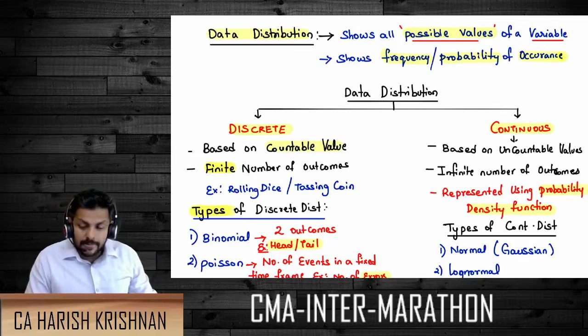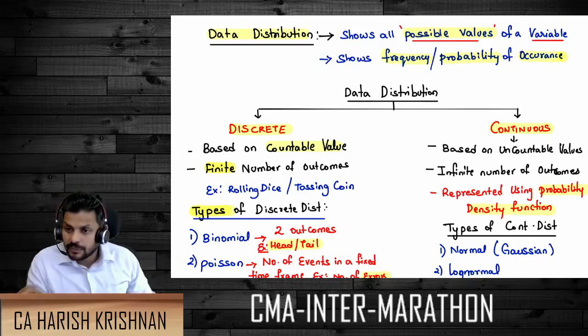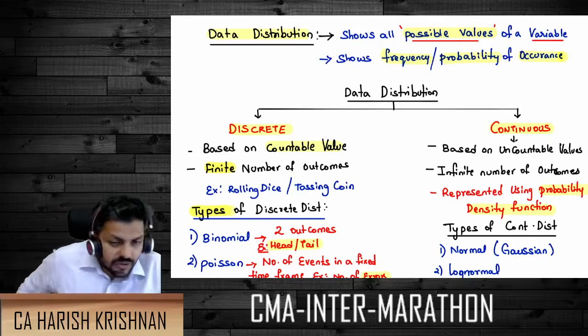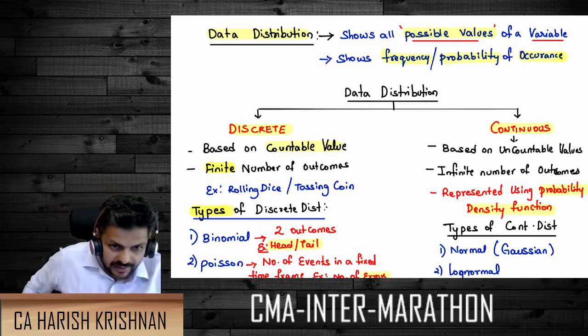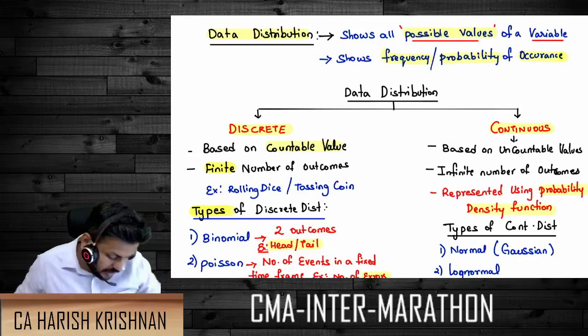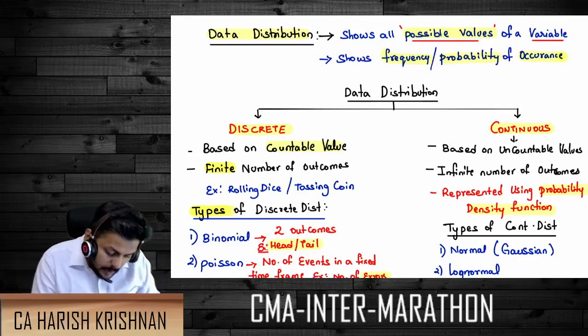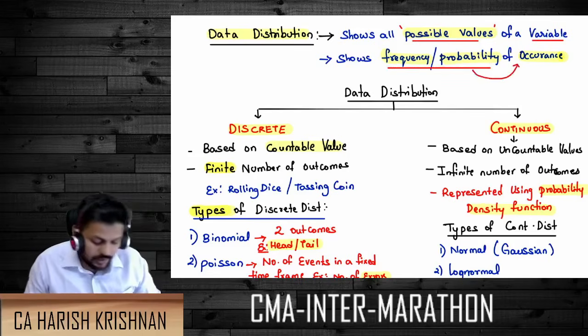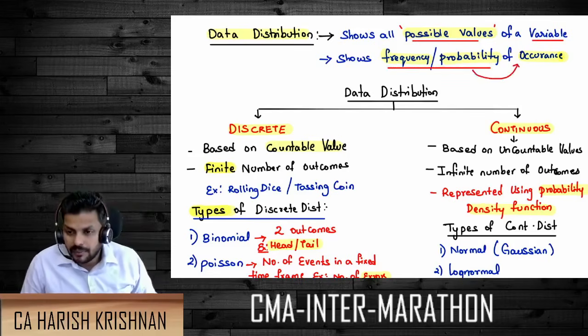Tossing a coin, rolling a dice. Sometimes there are a finite number of outcomes, while sometimes there are an infinite number of outcomes that can happen. So it is important for us to understand whether something is finite or infinite. Let us see how those things work here. It shows the frequency or probability of an occurrence. It shows what? The frequency or probability of an occurrence.